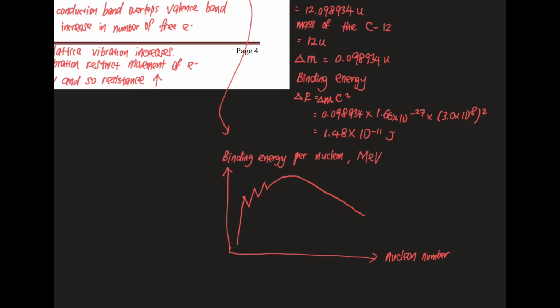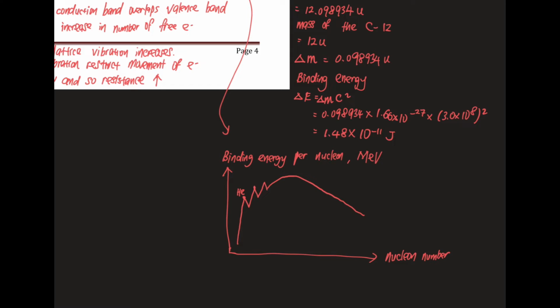Of course the first one is hydrogen, which has the lowest nucleon number. After hydrogen is helium. Helium has a very high binding energy, so it is very stable.